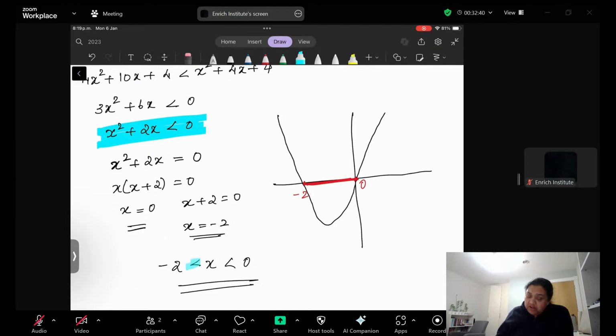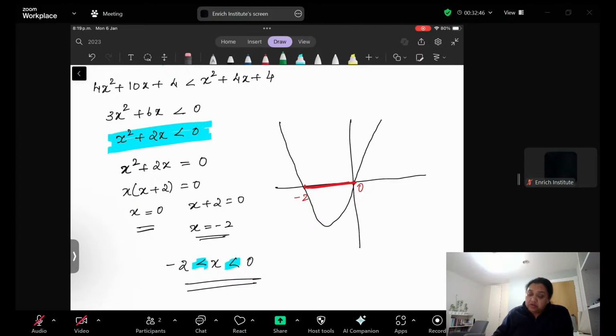Now how will I know whether it is less than or equal to? Look at the question. It is less than here, so here also it will be less than. So that's how we solve a rational inequality.